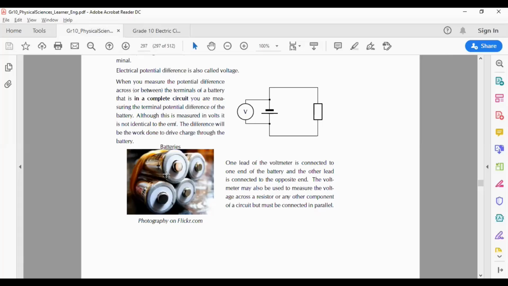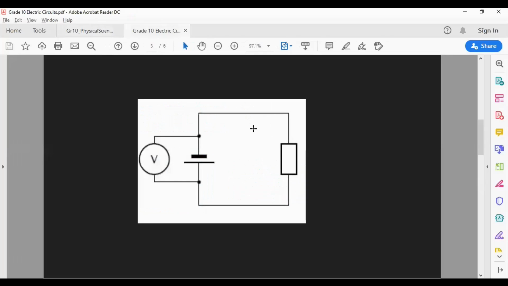But the colloquial term used across the world is that these little ones are just sold as a pack of batteries. And as a pack of batteries, that is correct, of course, because there's more than one in them. So that will be a battery. But just one of them is what is known as a cell. So here we have a cell. If we had two, it would be a battery.